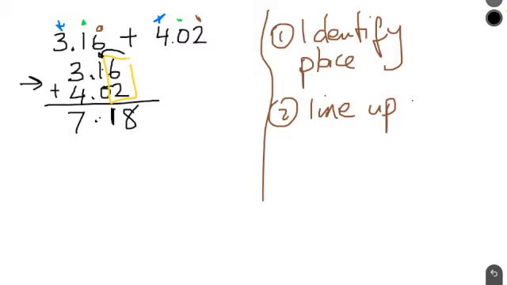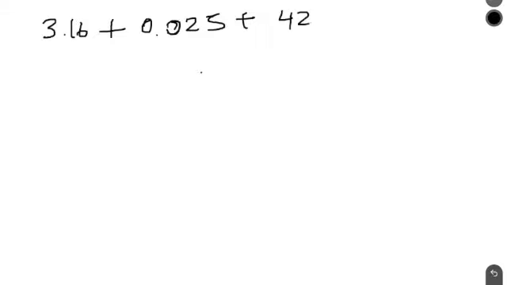If you have more than 2 numbers with a decimal, you just carry out the same procedure. It's the exact same procedure. 3.16 plus 0.025 plus 42.1. What you do is first identify these places, but make sure that you line up.